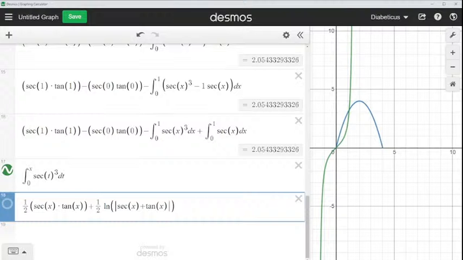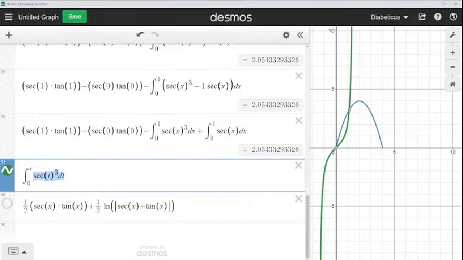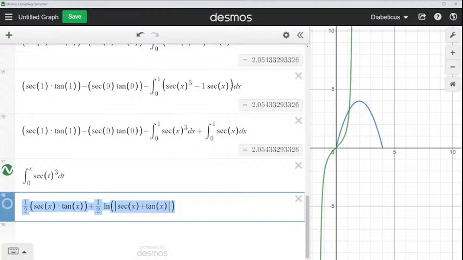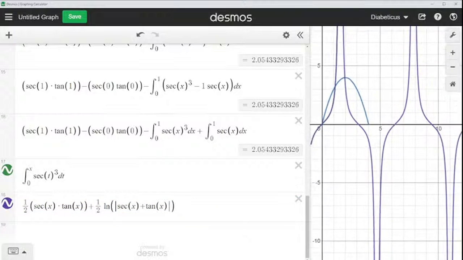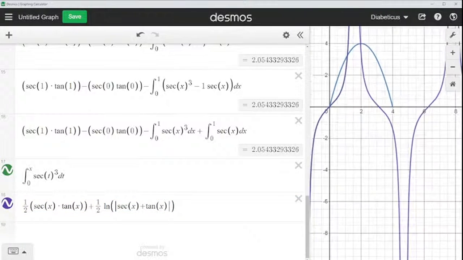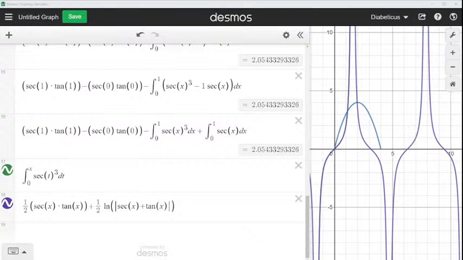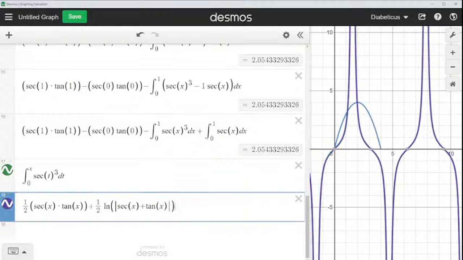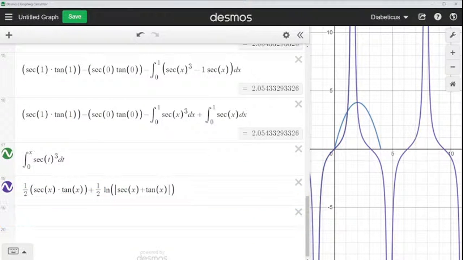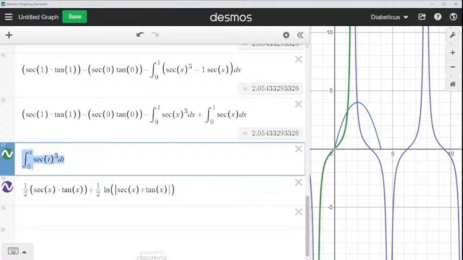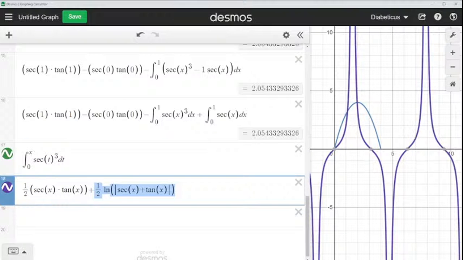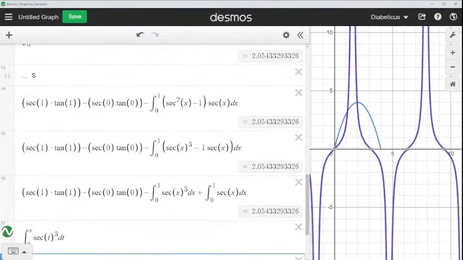And so we have an integral for the secant. We have an expression. Okay, so we have an improper integral for this thing, right? All right. Look at all this work.